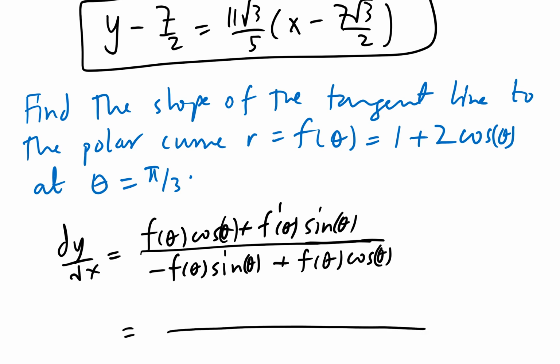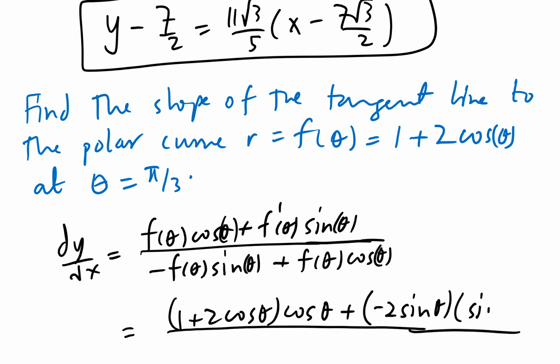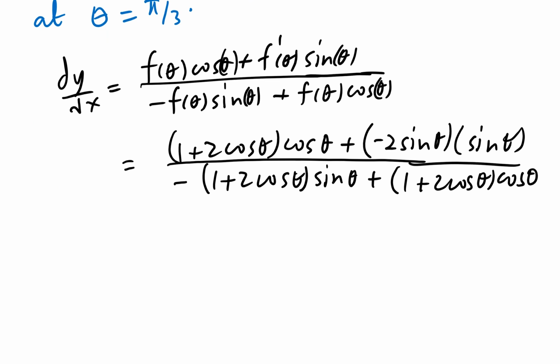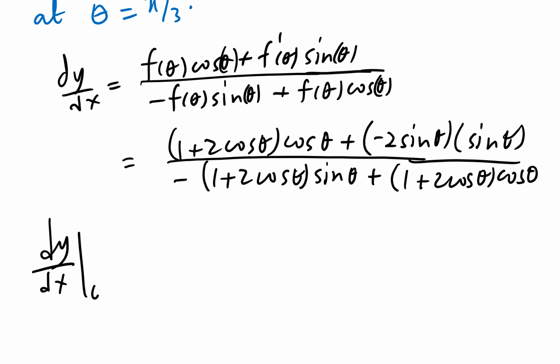So for this one you get (1 plus 2 cosine theta) multiplied by cosine theta, plus the derivative, which is negative 2 sine theta, times sine theta, over negative (1 plus 2 cosine theta) times sine theta plus negative 2 sine theta times cosine theta. For dy/dx at theta equals pi over 3, if you substitute all that in, the answer should be root 3 over 9. Square root of 3 over 9.